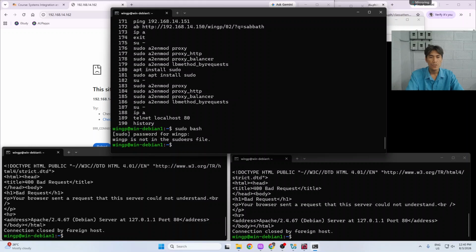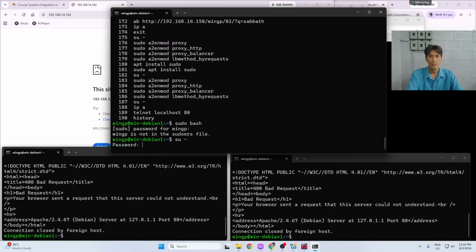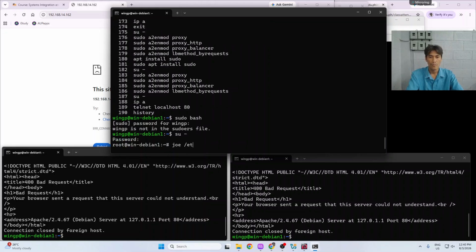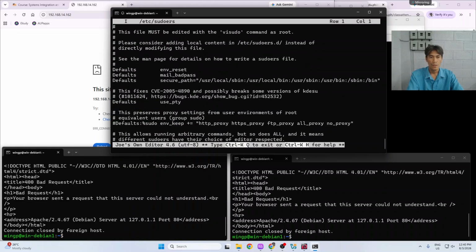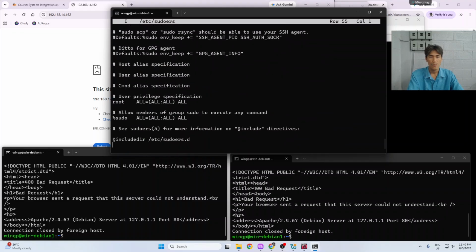WinGP is not in sudoers file. Okay, let's edit. Include sudoers.